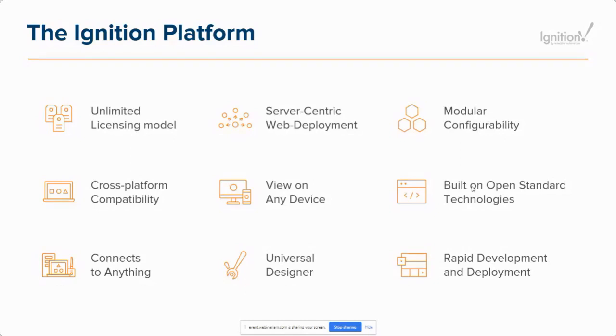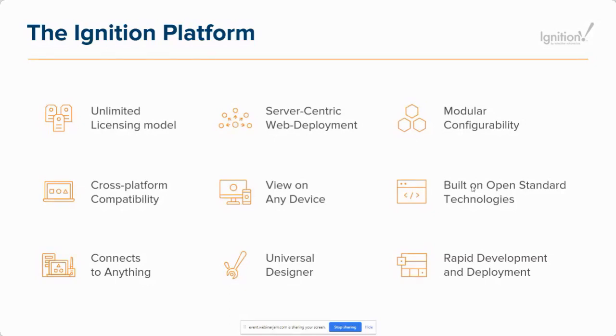It is a server-centric model, so you install Ignition on a central server, and that could be a desktop, a high-grade server, or a virtual machine, and from there you can connect to all your sources of data, build out your application, and then launch the application or the client anywhere within your network to see that data. It is a completely modular design.